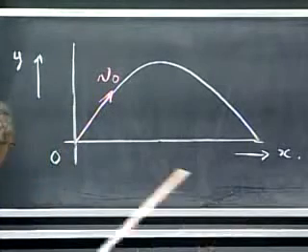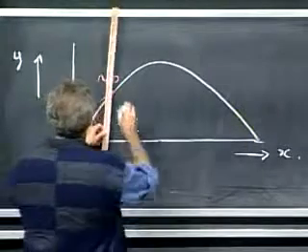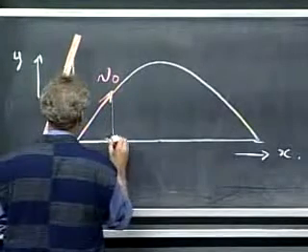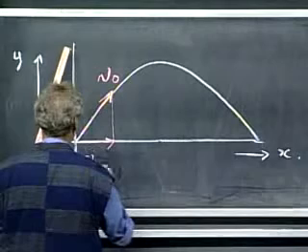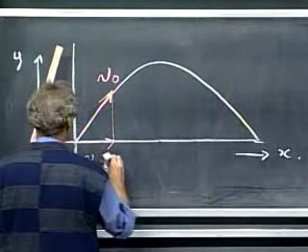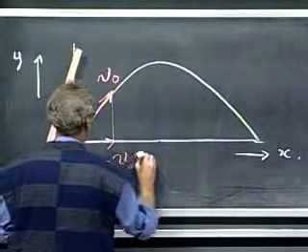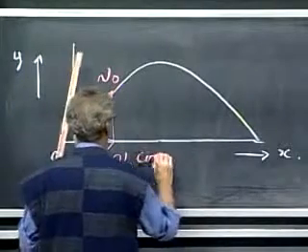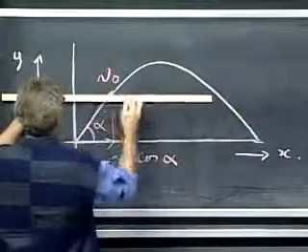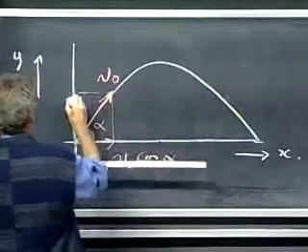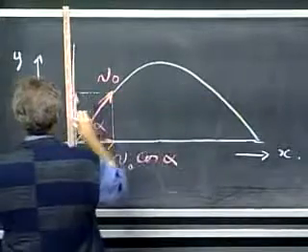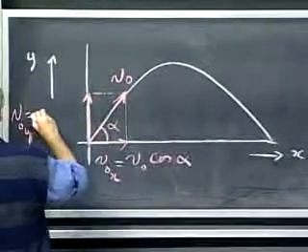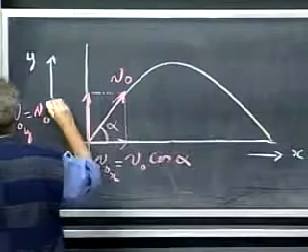We already decompose right away the velocity at time t equals 0 into a component which I call v0x, and that of course is v0 times the cosine of alpha, if the angle is alpha. And the velocity in the y direction at time t equals 0, I will call that v0y, and that is v0 times the sine of alpha.